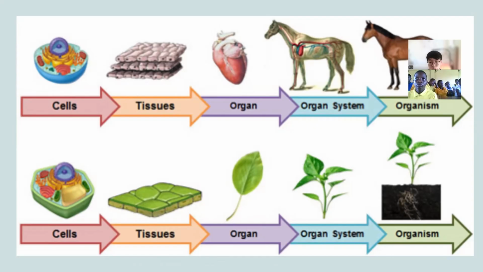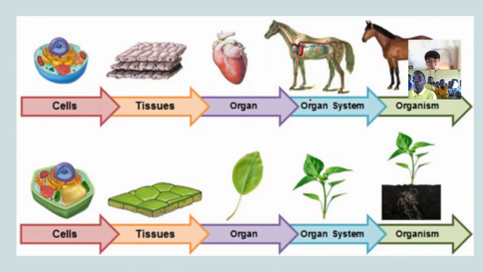We have individual cells in our body, and when a lot of cells gather together, they form a tissue. A lot of tissues together form an organ, and organs together form an organ system.